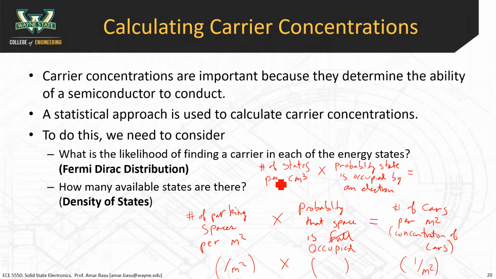All right, so let's put down our units here. The units here is 1 over centimeter cubed. Probability is unitless. So can someone tell me what does the product of these two tell us, and what are the units? Number of electrons per centimeter cubed. Right. We can call this the electron concentration, and the units here is 1 over centimeter cubed.